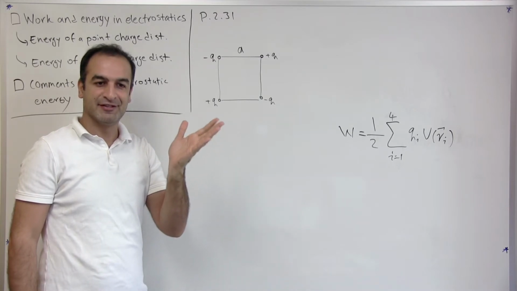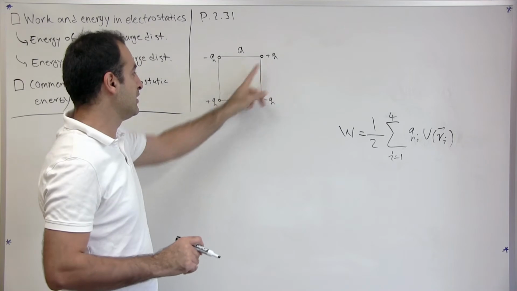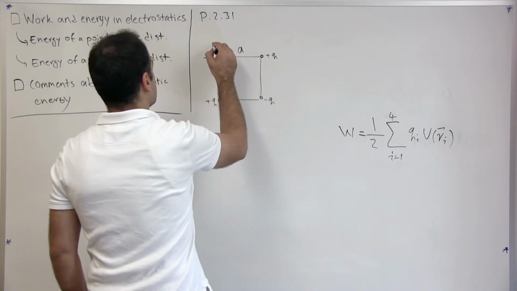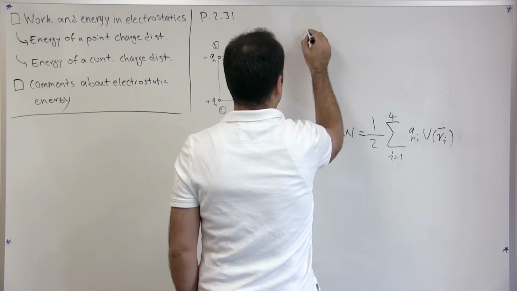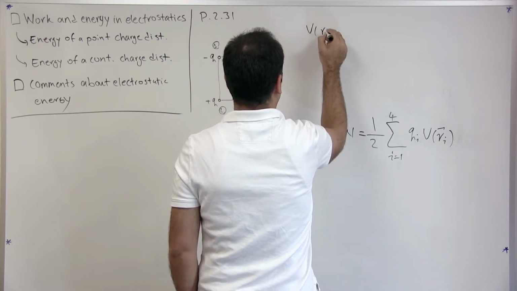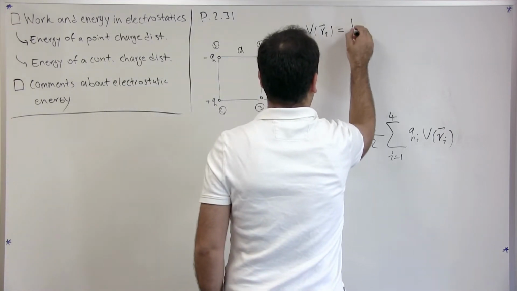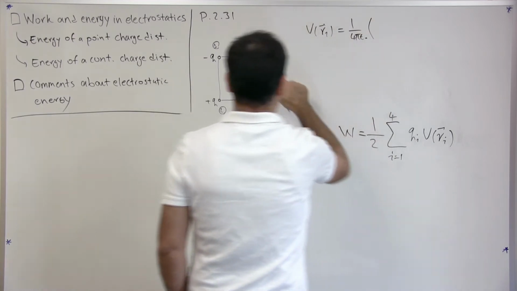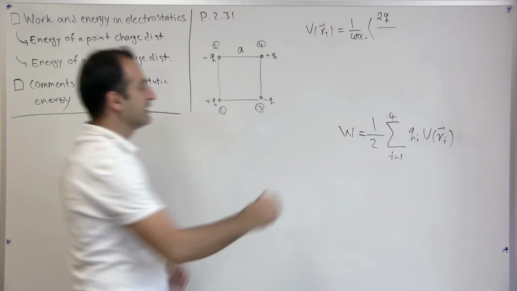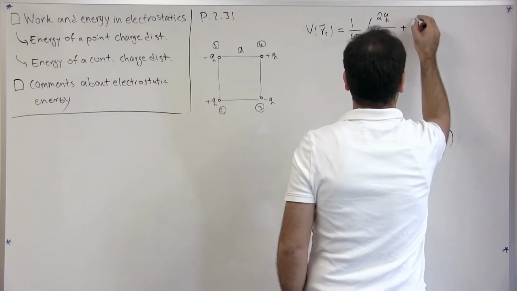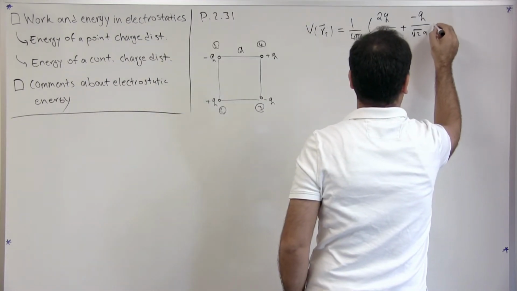Pretty simple, I would say, just following what electric potential is created by a point charge. We have 2 charges positive q, 1 charge negative q. If I name these 1, 2, 3, and 4, then V, the electric potential at r1, created by the 3 other charges, not the charge number 1 itself, is going to be 1 over 4 pi epsilon 0 times 2q divided by the distance of each of them, which is a, plus negative q divided by the distance here, which is the diagonal, so a square root of 2.